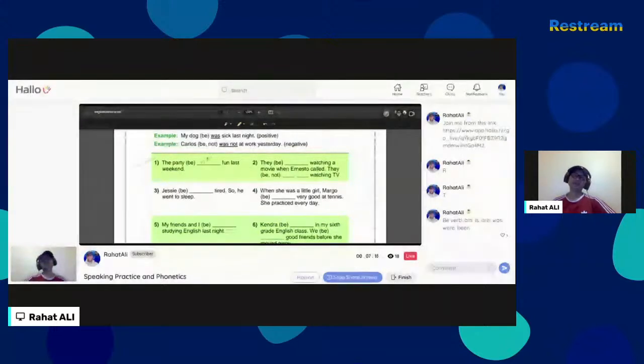So they were watching movie. Or you can make it negative way. They are not watching movie. That's also correct, as long as the verb makes sense. Okay. The word makes a logical expression. The sentence should be okay.